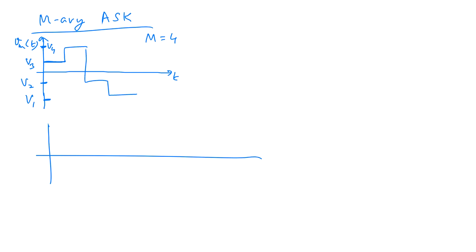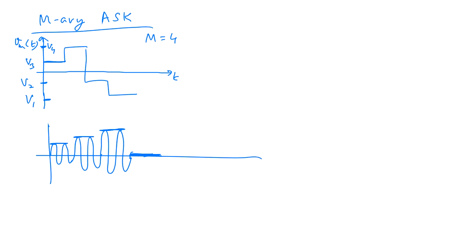So that's 1 voltage level for one symbol, and then we can have a second voltage level for a second symbol. So that's 1 voltage level, that's another voltage level, and then we can have a third amplitude level for the third symbol. So that's another amplitude level, and then we can have the fourth one. You can have an amplitude level, or you can simply have an amplitude level of 0, right?